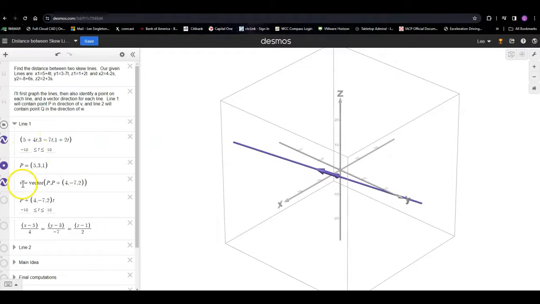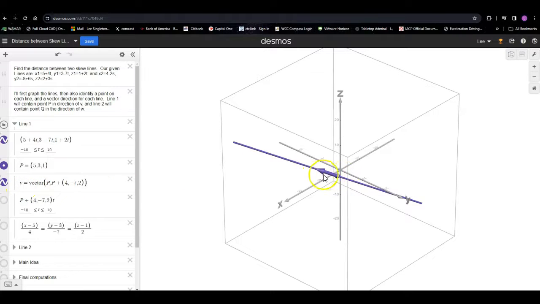And then v is going to be a vector starting at p. Since I've defined it, I can just use that value of p, and then p plus the vector values. So the 4, negative 7, and 2 is what I'm adding. So I'm starting at p, ending at p plus that vector amount, which shows me that vector v.